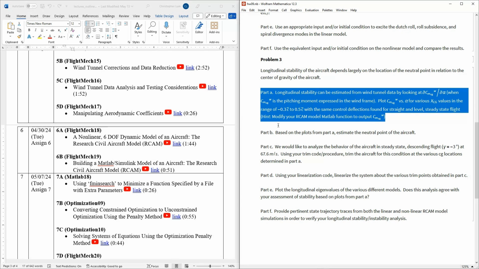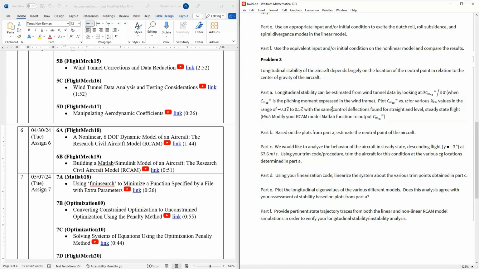You can then run this alpha sweep, changing your angle of attack through a whole bunch of different values. Set one CG location and do this sweep, then change the CG location and do another sweep, and so on.